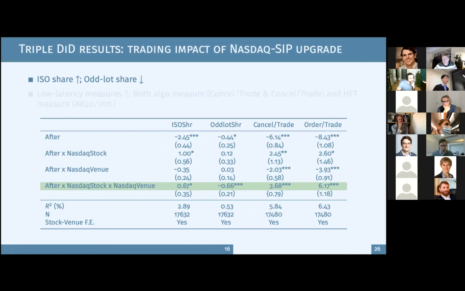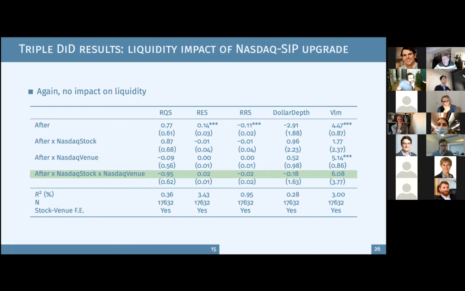Are your liquidity measures in basis points? Yeah. So a drop by 1 basis point sounds big in economic terms. For these S&P 500 stocks, they're quite liquid, but it's not statistically significant.